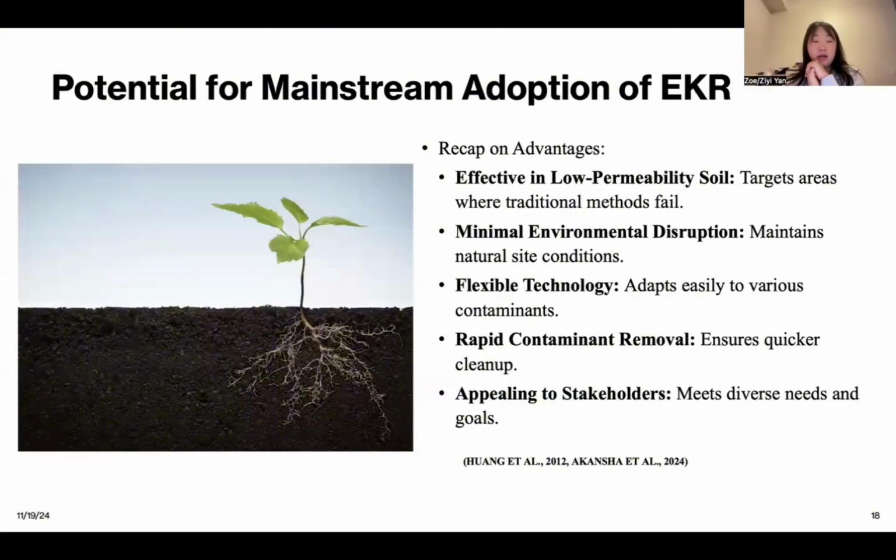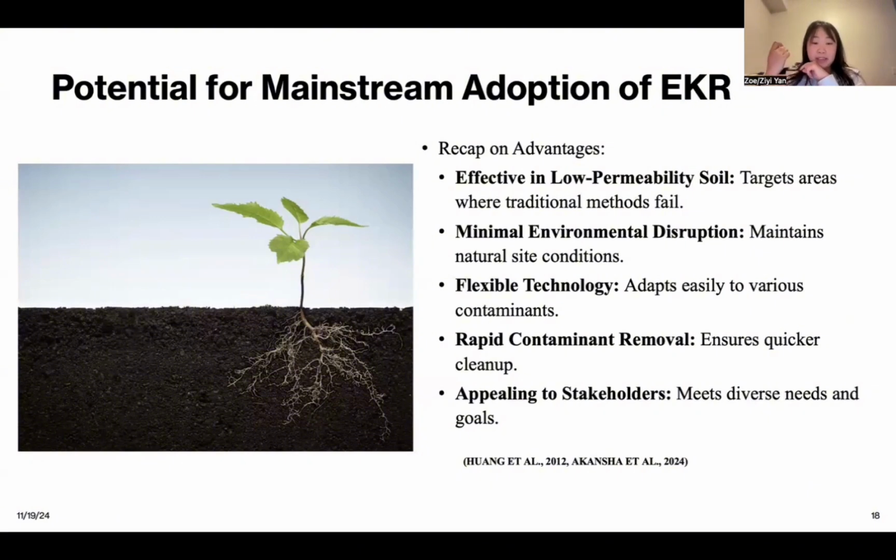So for EKR to become more mainstream, there are some market barriers that we need to overcome. But first, let's briefly recap the advantages of EKR that have just been discussed. Effective in low permeability soil, it has minimal environmental disruption, it's a very flexible technology.